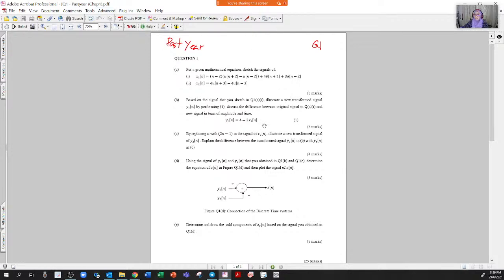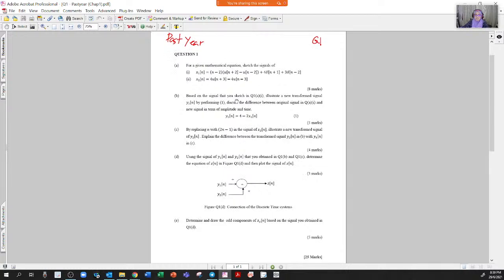Question 1 is, I think, from a few years back, and it is based on chapter 1. You are given this type of question: sketch the signal. Question B is the same thing, where you need to illustrate a new transformation based on this equation. So you are given question 1A.